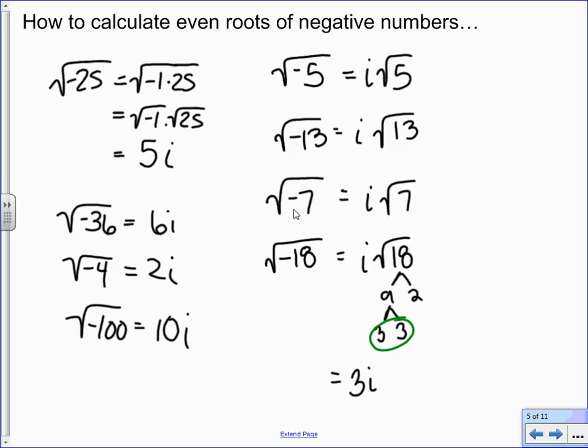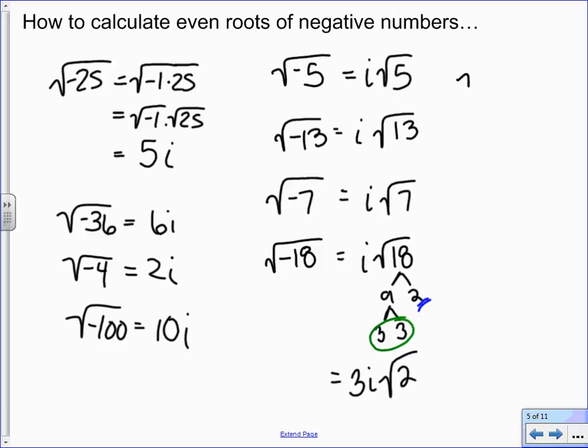Any number that doesn't have a match, its own partner, has to stay inside the radical. So the square root of negative 18 is 3i square root 2. Now, the square root of positive 18 would just be 3 square root 2, but when it's negative, you'll pull an i out as well.